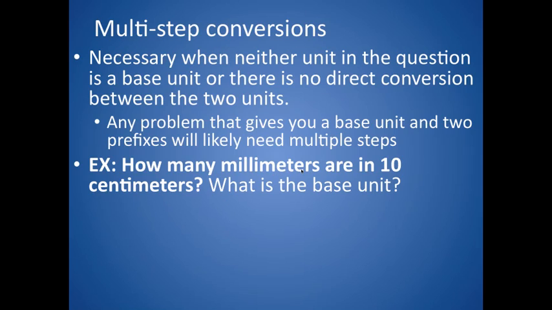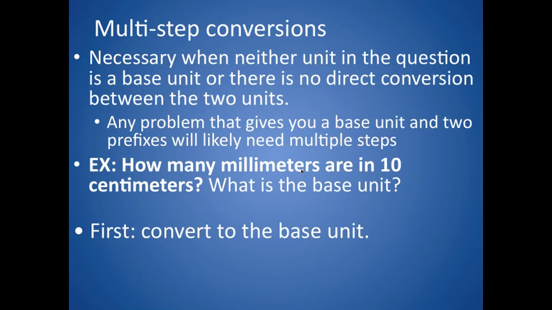Because you have 2 prefixes, you know that you're going to need multiple steps, because even looking at the prefixes in your notes on that first slide, there's no straight conversion from millimeters to centimeters, or you may not know that one exists. So how do you do these multiple steps?